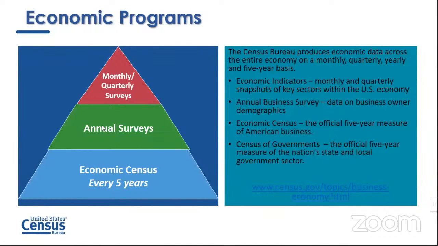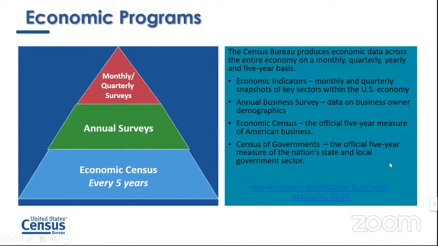And the annual surveys are conducted monthly, quarterly, and yearly. And they cover selected sectors of the nation's economy and supplement the Economic Census with more frequent information about our dynamic economy, okay? And then, of course, all of this sheds light on what's going on in the business sector.